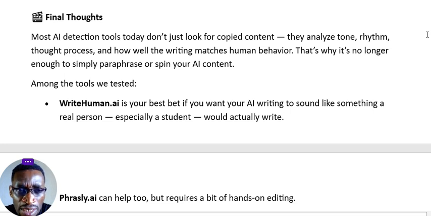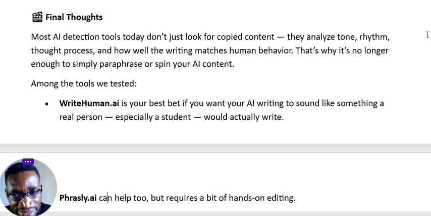So my final thought: most AI detection tools today don't just look for copied content. They are becoming smarter. They analyze tone, rhythm, thought process, and how well the writing matches human behavior. That's why it has become much more difficult to bypass them, especially tools like Turnitin.